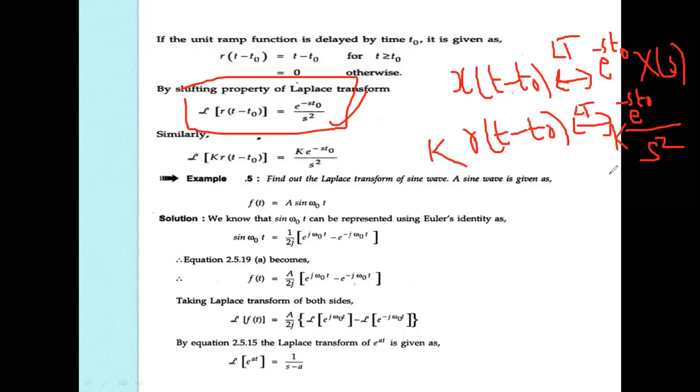For x of t, the Laplace transformation is x of s. For r of t, the Laplace transformation is 1 by s square. The same way, the r of t minus t naught Laplace transformation is e power minus s t naught by s square. Got it? If k is multiplied, you get k into e power minus s t naught by s square.